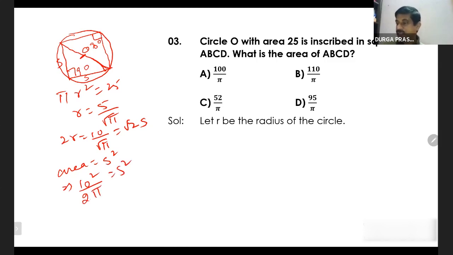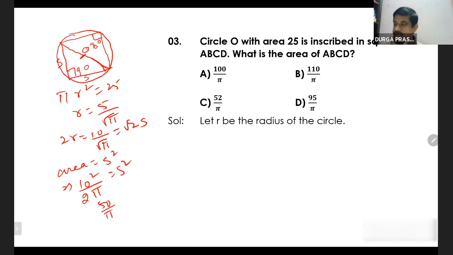So 50 by 5. So pi r square is 25. So r is 5 by root 5. So 2 times radius is 10 by root 5.